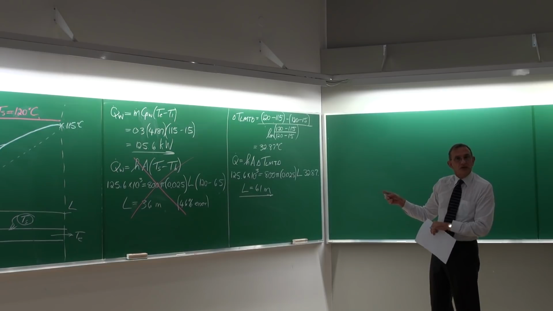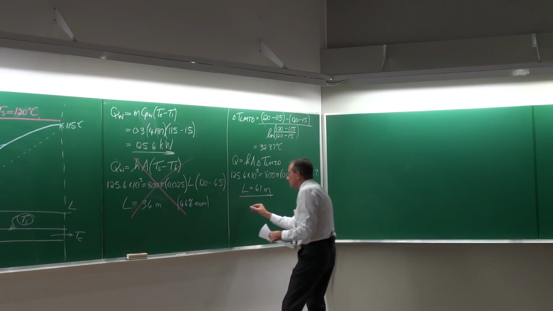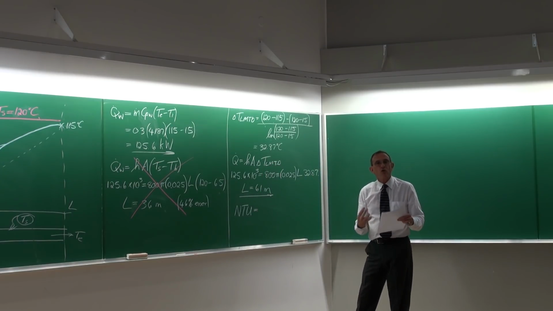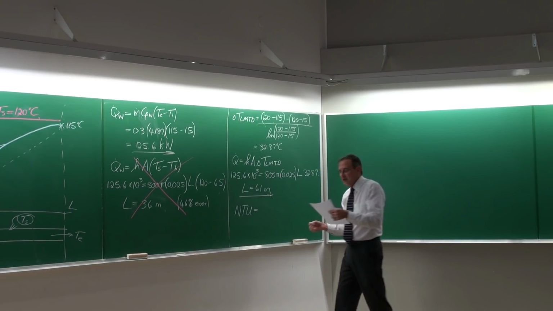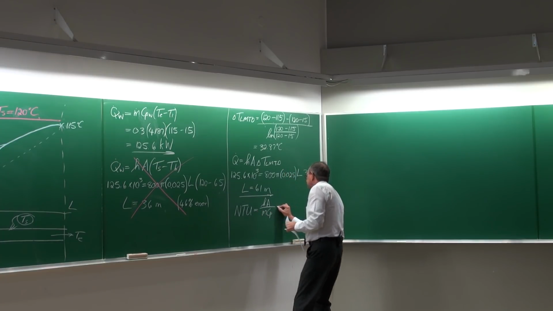Now, it so works out that in this case we do not have to calculate the NTUs. But let's calculate it anyway, because it's a very good engineering thing to do, and it gives us a very good feeling for how good the design is. The NTU is equal to the heat transfer coefficient multiplied by the area divided by m dot Cp.